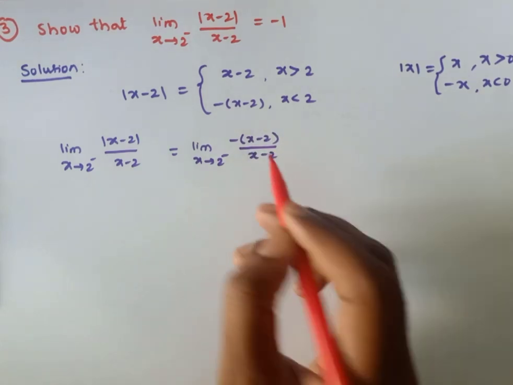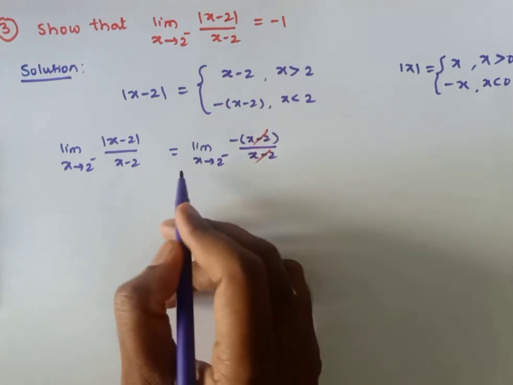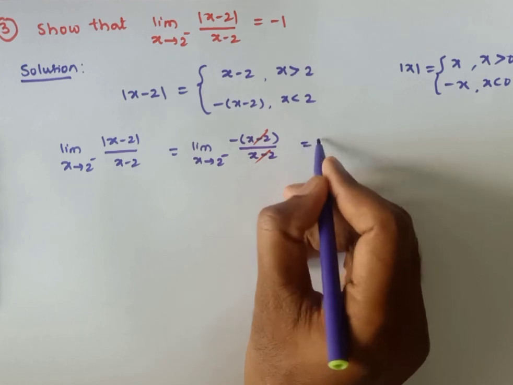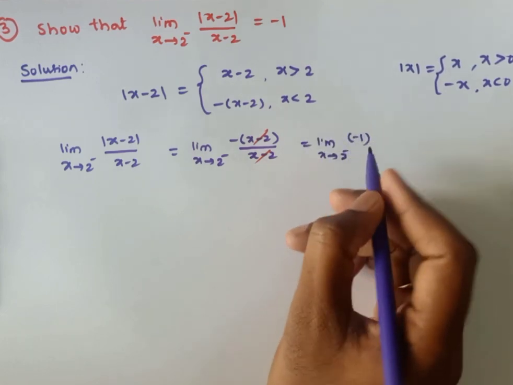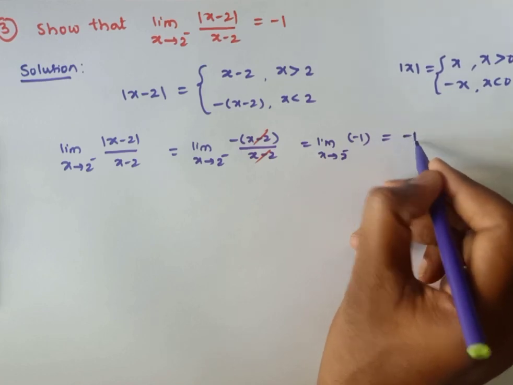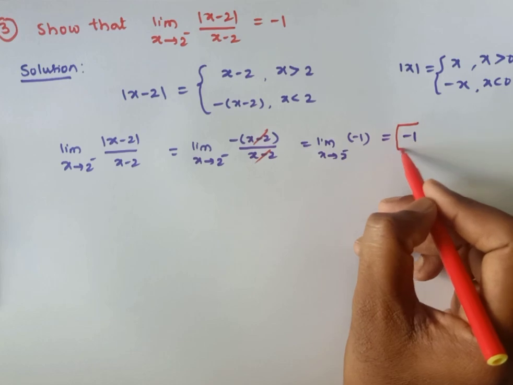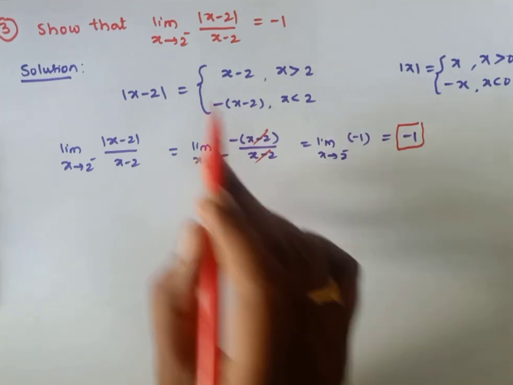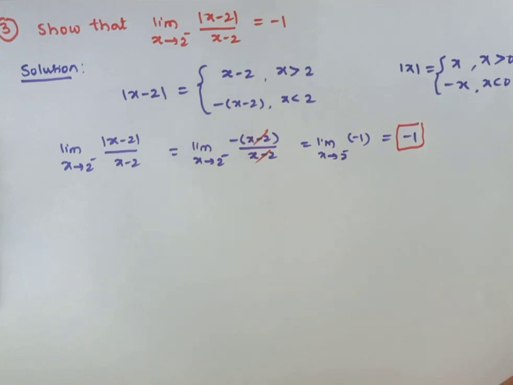Now, here the common factor x minus 2 gets cancelled. Therefore, limit x tends to 2 minus, ఇక్కడ minus 1 ఉంది. So minus 1 is a constant, therefore the limit is minus 1. So the limit x tends to 2 minus mod x minus 2 by x minus 2 is equal to minus 1.